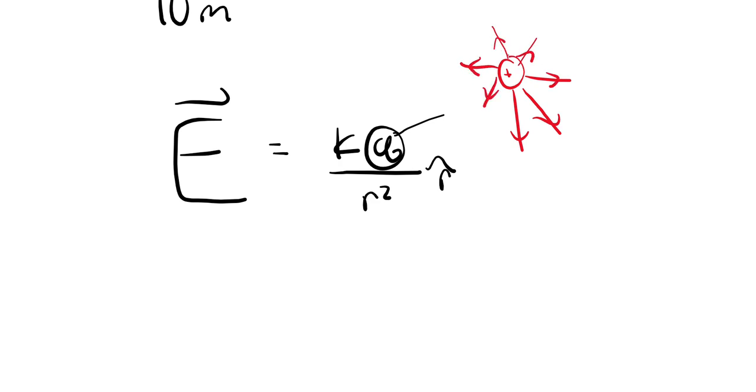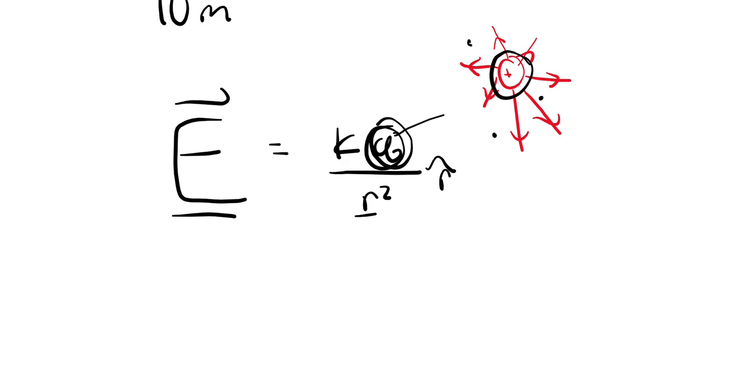The electric field measured here, or here, or here, are going to be functions of distance from this proton and the magnitude of that charge. The higher your charge, the stronger the electric field. The further you get away from the charged particle, the weaker the electric field. And that operates on the inverse square law.